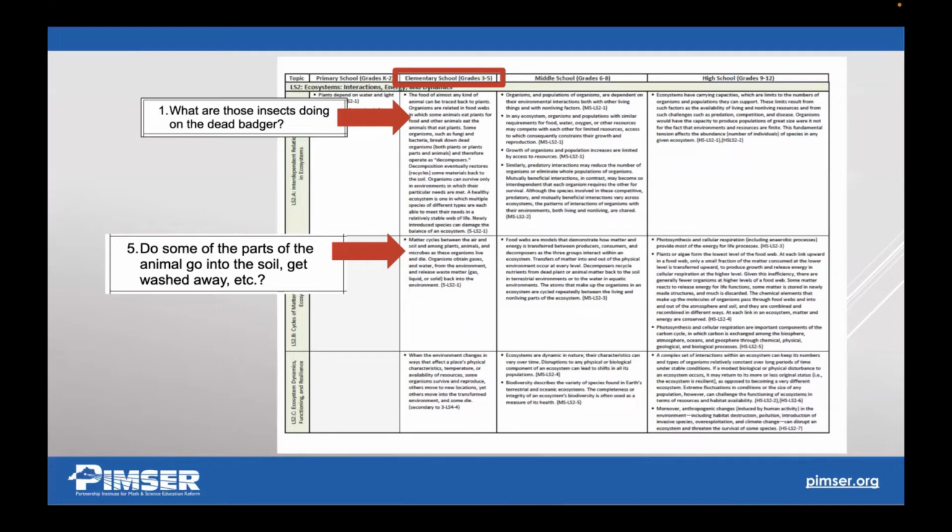If you're working in a PLC, pause the video and discuss this. What adjustments might you make? How might you use this information to help you in planning the experience for students and in determining maybe probing questions or prompting questions that you might need?